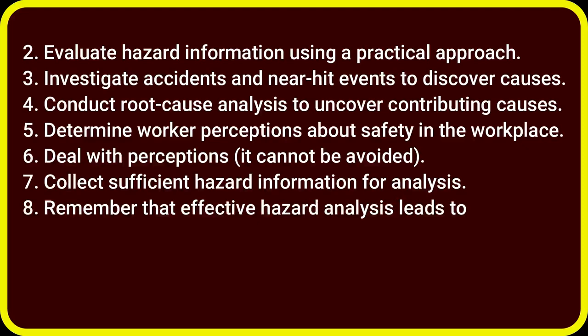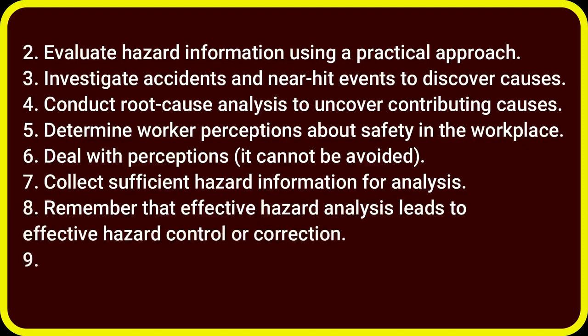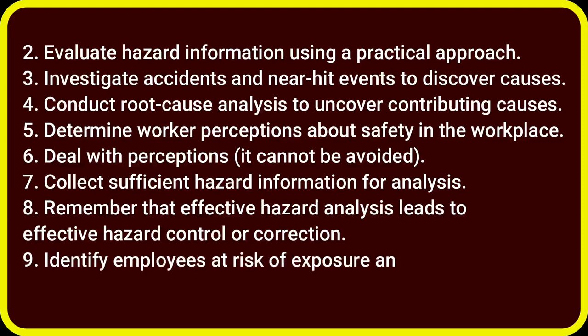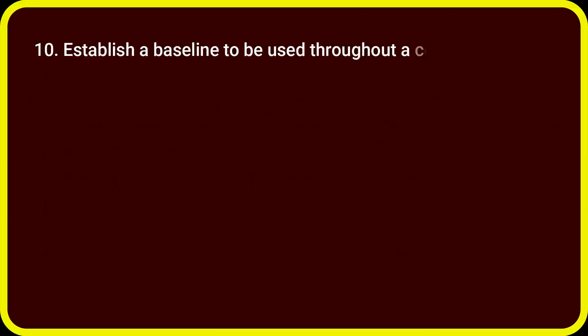Number 8. Remember that effective hazard analysis leads to effective hazard control or correction. Number 9. Identify employees at risk of exposure and evaluate control measures. Number 10. Establish a baseline to be used throughout a continuous or ongoing process.